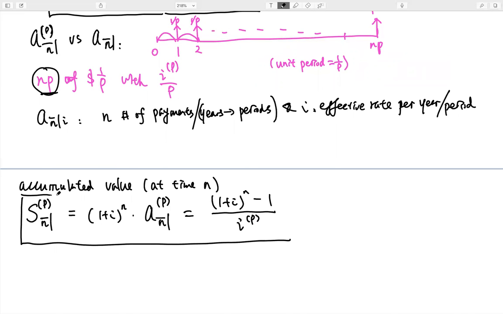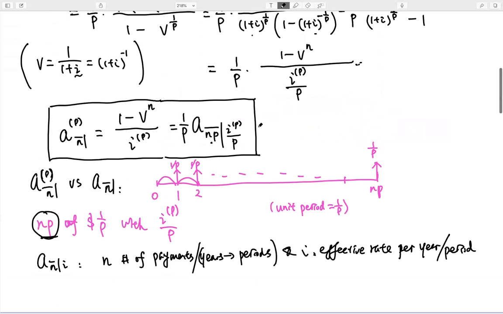I'm always against that. That is because you are allowed to use a financial calculator that has a built-in formula for the annuity immediate. And from here, there's really nothing you need to memorize as long as you know how to convert it to standard annuity. np would be the new n. i angle p divided by p would be the new interest rate.